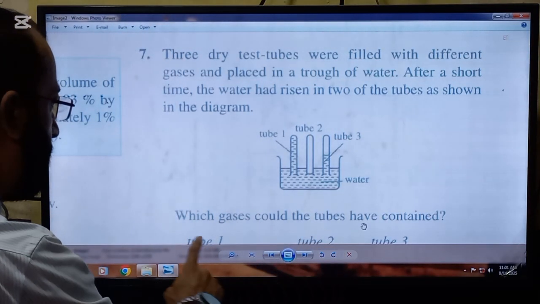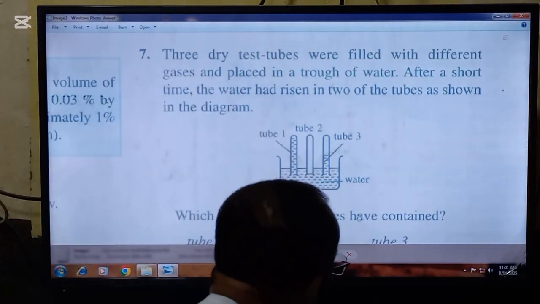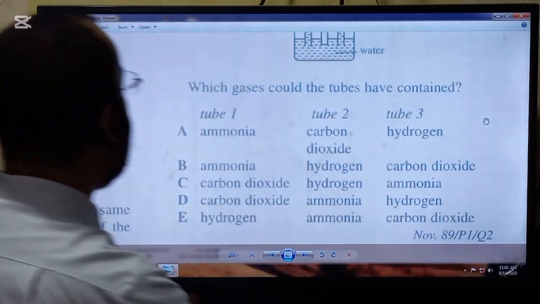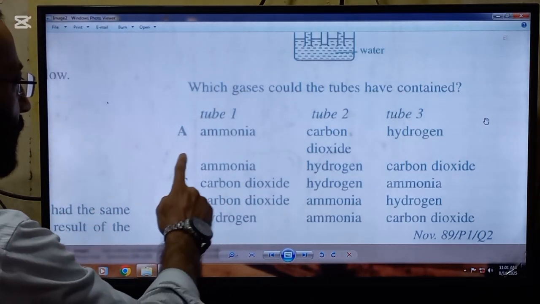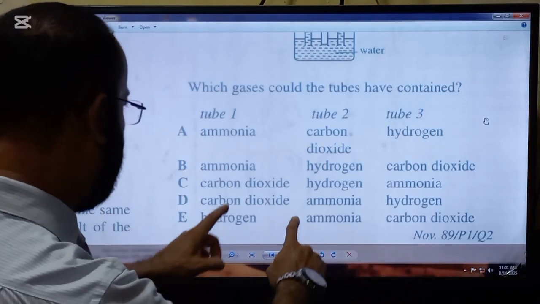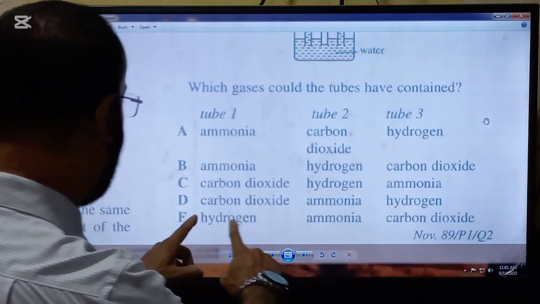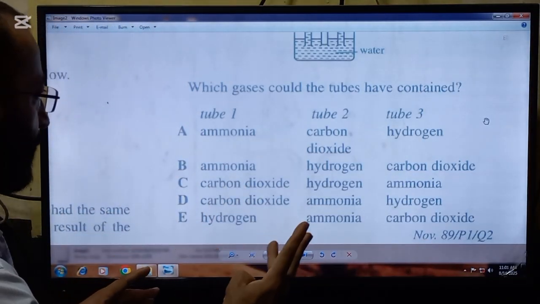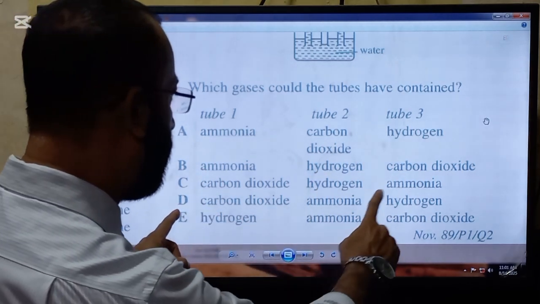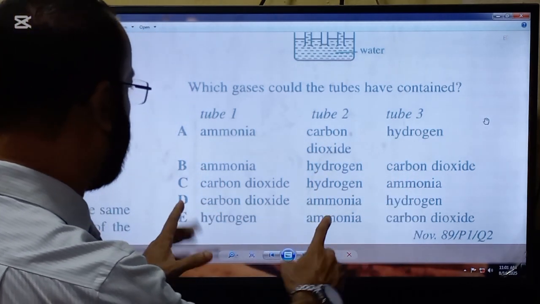The question is which gases could the tubes have contained. And here are the options. In tube 1, ammonia; tube 2, carbon dioxide; and tube 3, hydrogen. So you can see in all the options, three gases are there. One is ammonia, second is carbon dioxide, and third is hydrogen.